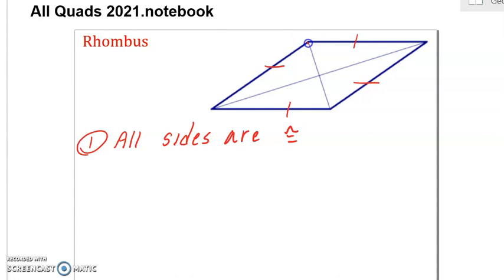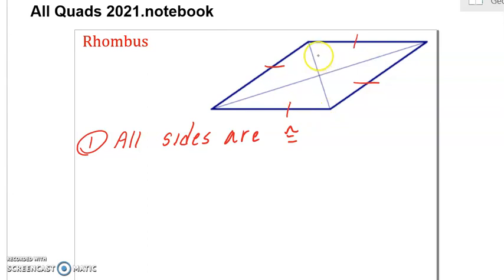So you see in this picture, I have the diagonals. And now we already know, because a rhombus is a parallelogram, that this and this and this and this would be the same, meaning diagonals are bisected. We already know that. That is because it's a parallelogram.